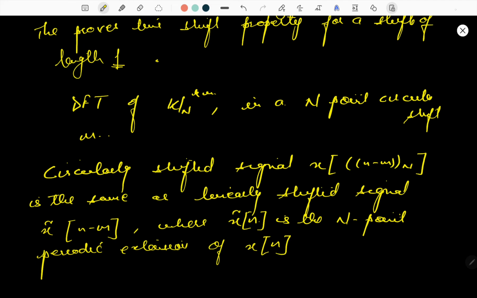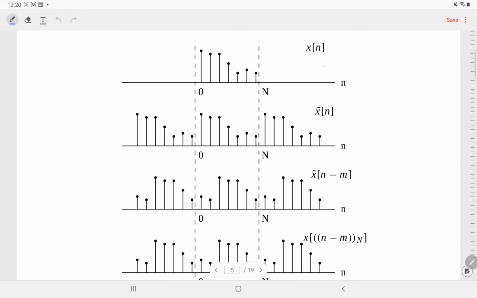Now you can see that this is the signal x[n], and for it we have taken x bar, which we already showed in the last lecture. If we make the linearly shifted signal, then x[n minus m] becomes like this, with a shift of m. Similarly, the circularly shifted signal is very similar to the linearly shifted signal.